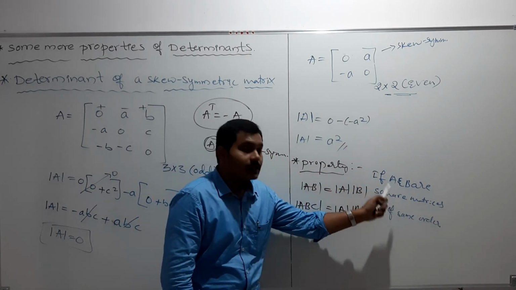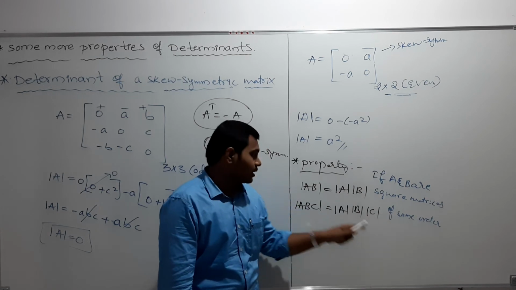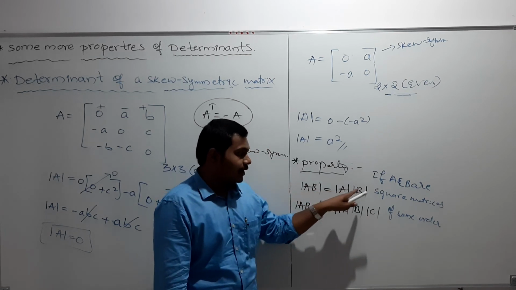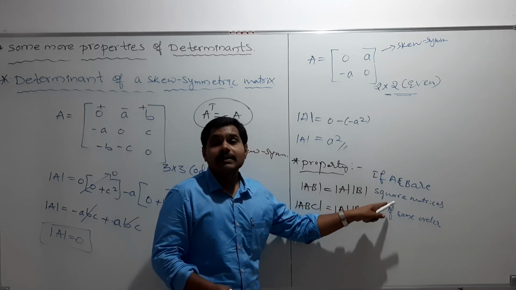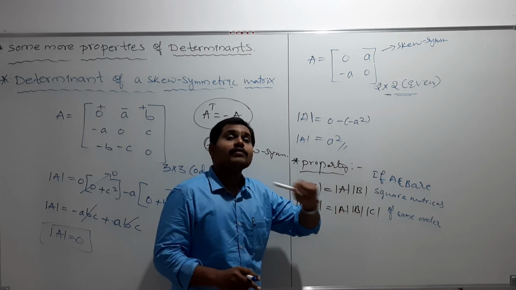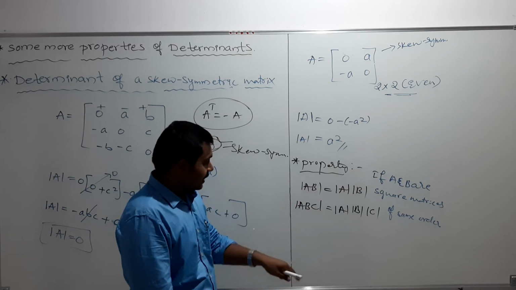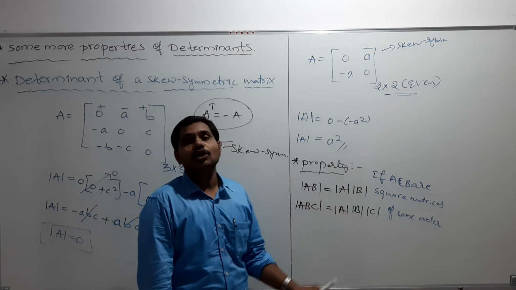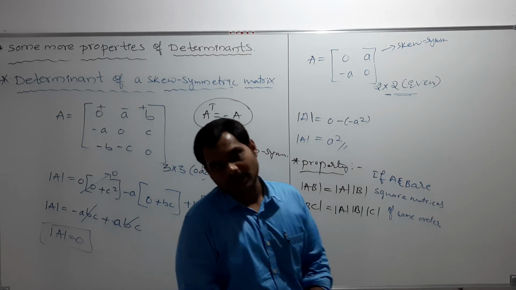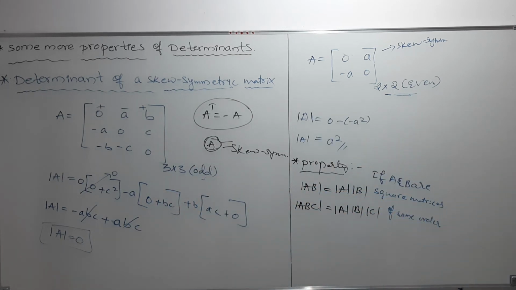So if A and B are square matrices of the same order, then determinant of AB is equal to determinant of A into determinant of B. If A, B, C are three square matrices of the same order, then determinant of ABC is equal to determinant of A into determinant of B into determinant of C. Clear? So now, my students, the next concept I will discuss.